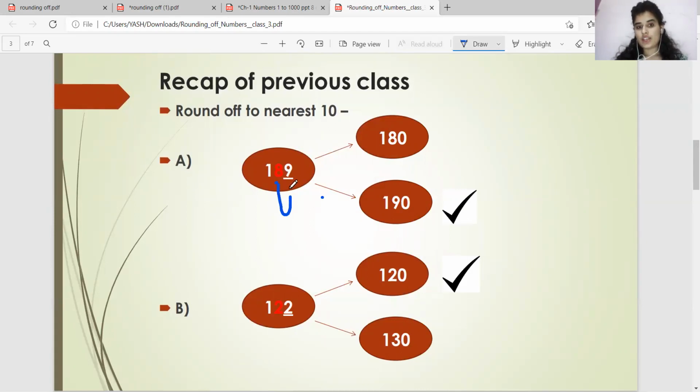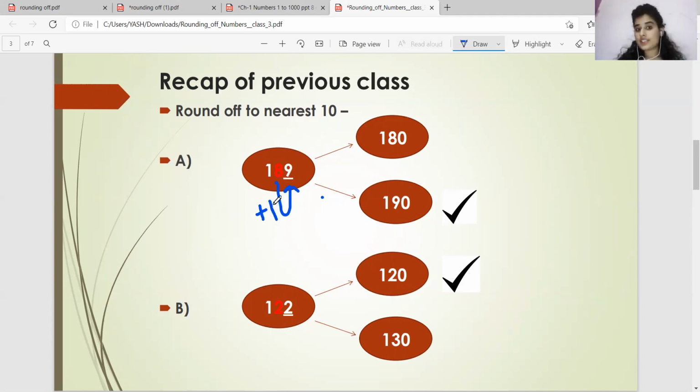Now check the right side digit. We can see this right side digit is in the second slot, which has the numbers 5, 6, 7, 8 and 9. Second slot means add 1 to the highlighted digit.